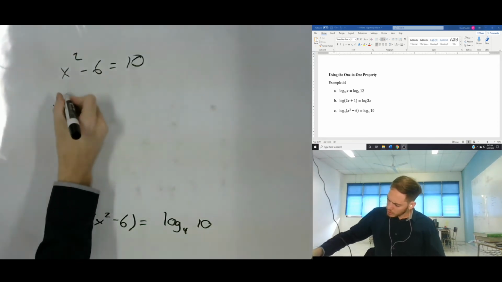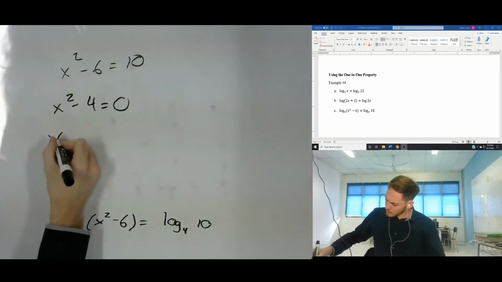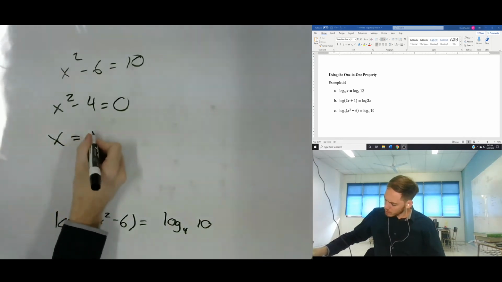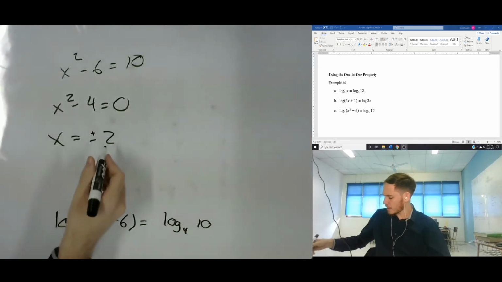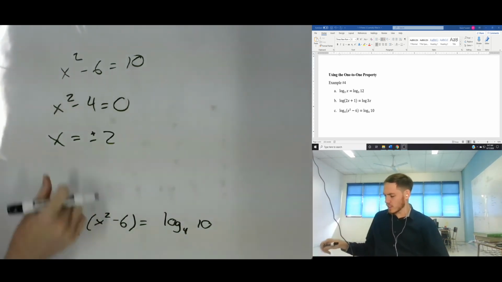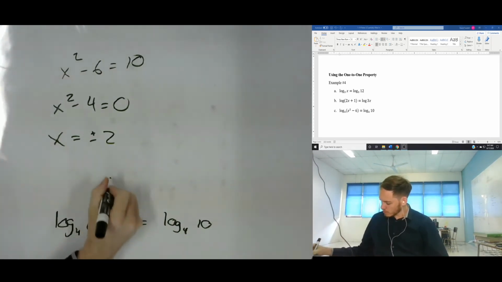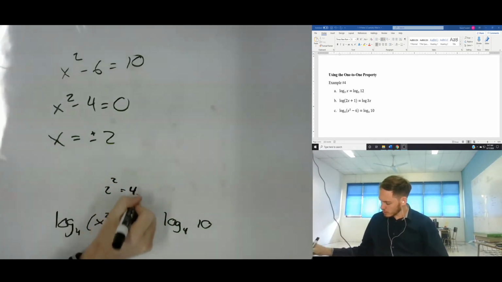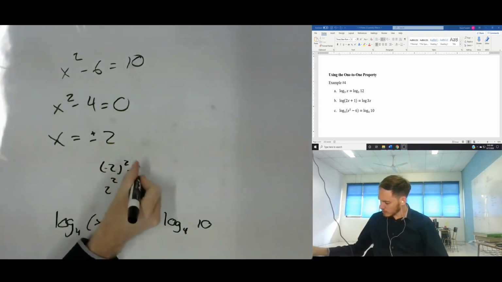So we get x squared minus 16 equals 0, x equals plus or minus 4. Now remember, it can't be a negative. We can never have a negative in here, so let's check.